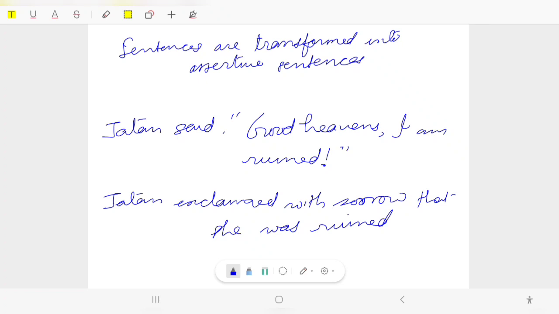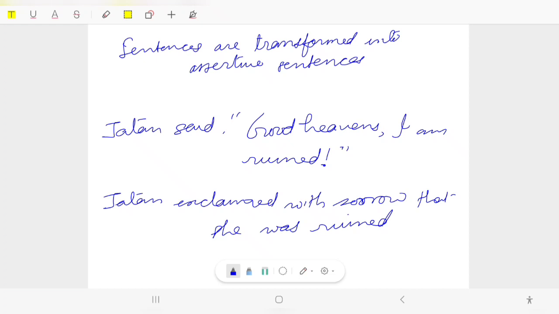Till now we have studied assertive sentences, interrogative sentences, and imperative sentences. Now the next type of sentence: exclamatory sentences. Exclamatory sentences are those sentences which exclaim something or emphasize something.